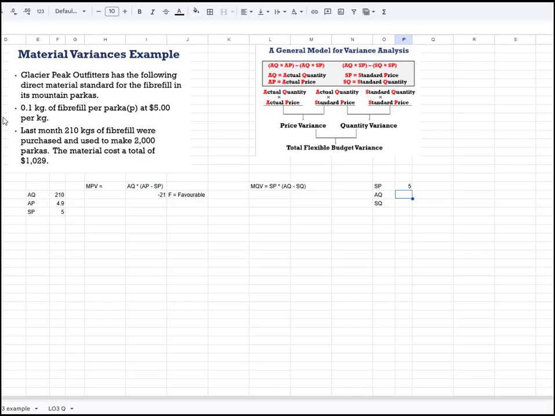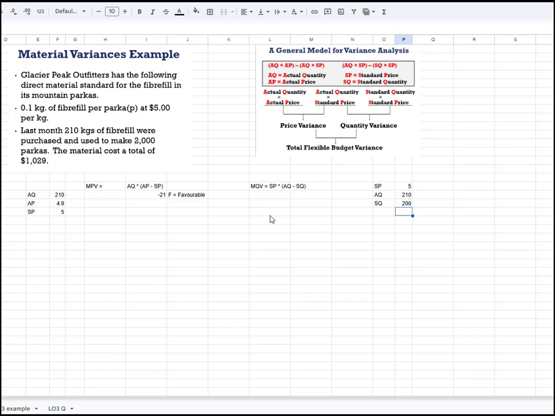Our actual quantity was that we actually bought 210 kilograms, because again, this is going to be in kilograms. Now, figuring out what our standard quantity would have been is going to be equal to our 0.1 kilograms of fiber fill times the 2,000 parkas that we manufactured last month.